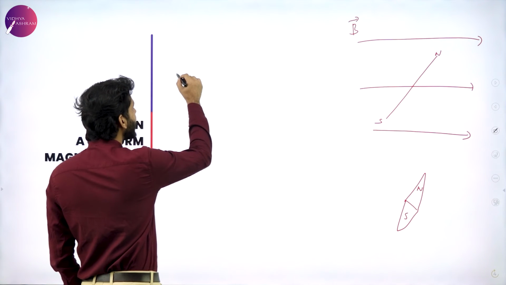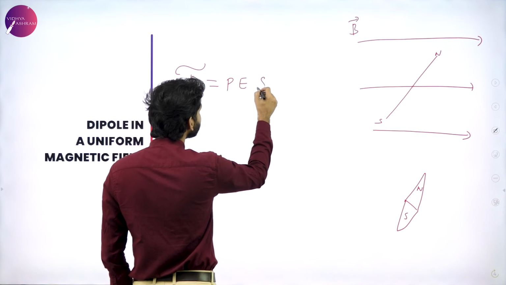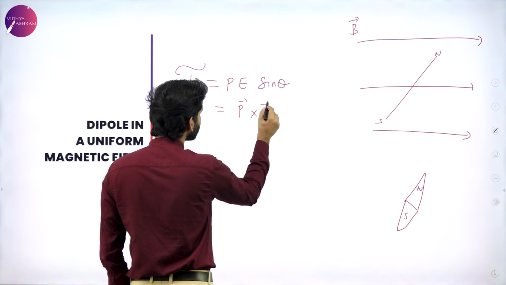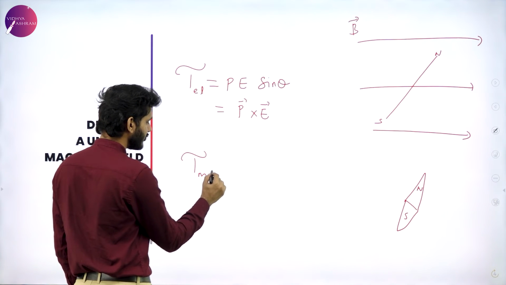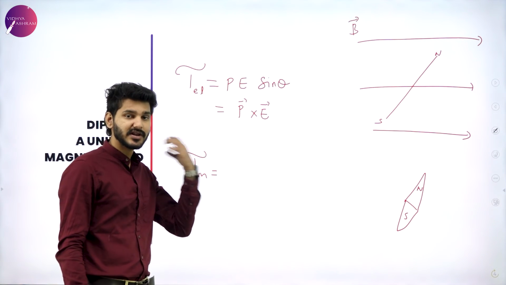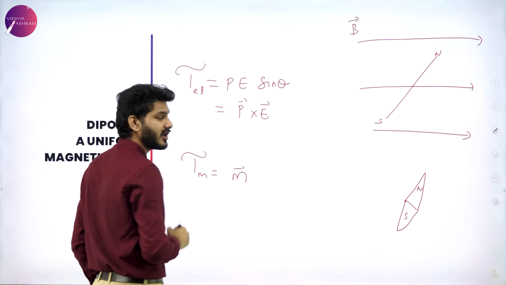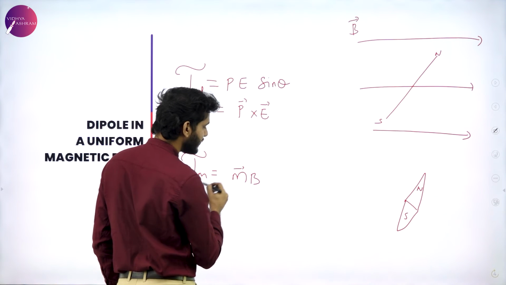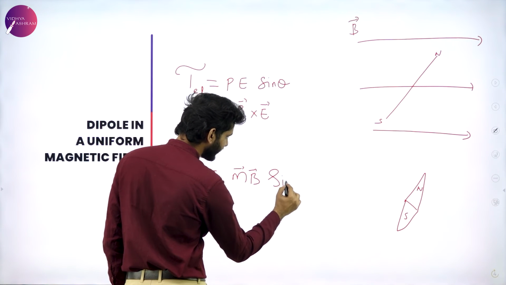So simply we will say that the torque experienced for an electric field was equal to PE sine theta, or we wrote it as vector P cross vector E, and this was for the electric field. Similarly for the magnetic field, instead of the electrical dipole moment, we will have the magnetic dipole moment, which is M. So M, and instead of E, that is the electric field, we have the magnetic field B, and here also we have the sine of the angle between them.